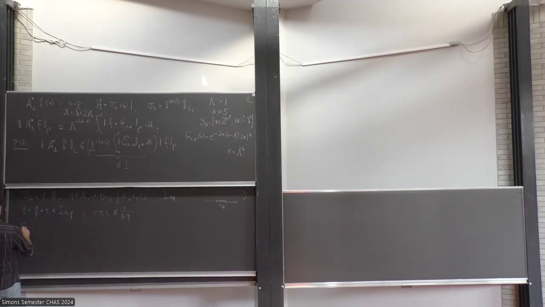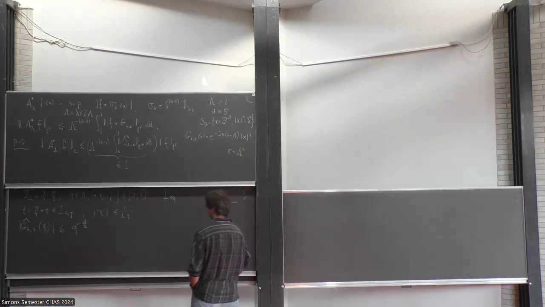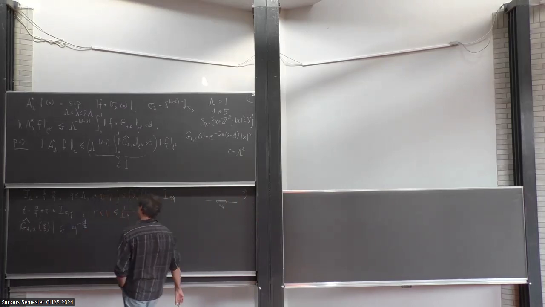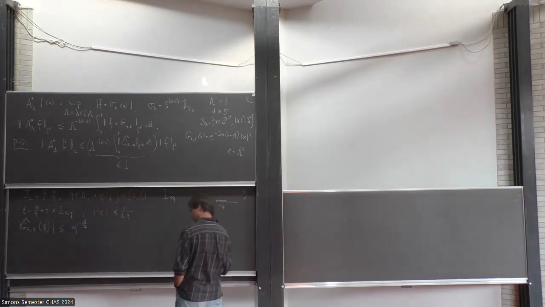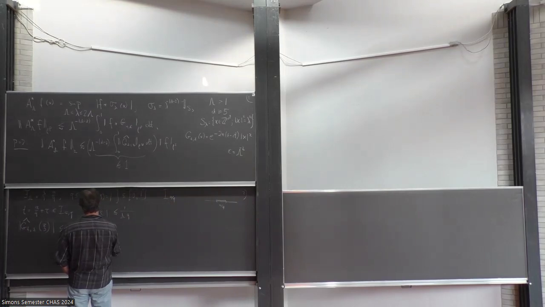Basically, the key estimate was that this was bounded by a constant. It was coming after decomposing the sum mod q, where a normalized Gaussian sum appeared, which is estimated by the standard cancellation of Gauss sums. So you gain a factor of q to the minus d over 2.